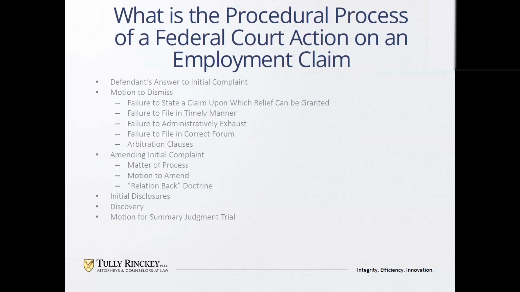The other way that they may respond to a complaint is a motion to dismiss. Now, a motion to dismiss usually has to be filed at the very beginning, especially if the basis is going to be something like failure to state a claim upon which relief can be granted. A motion to dismiss generally is brought under Federal Rule of Civil Procedure 12, which has multiple different bases. But the most common one is 12(b)(6).